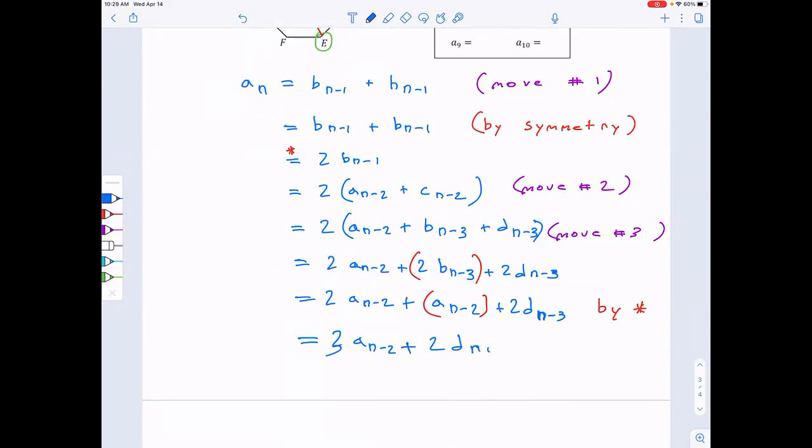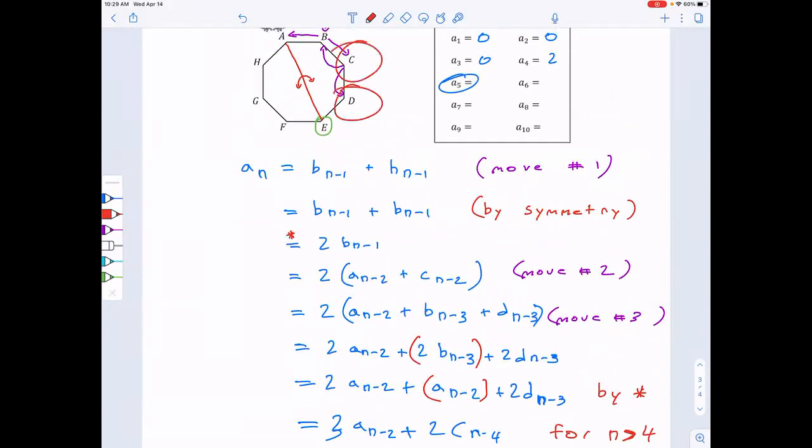Well, this D sub n minus 3 would change to C sub n minus 4 almost every single time. But we do need that condition of n is bigger than 4. When it's 4, that equality doesn't hold. You could go to E and things could be different. But every other time, you have to go from your D back to C.